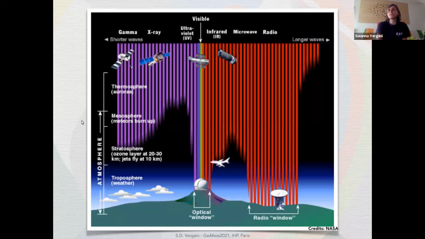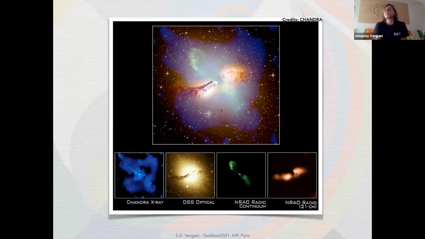So as I said, we will use the entire electromagnetic spectrum because astrophysical objects look very different depending on the frequencies at which we observe them, because of course every part of the electromagnetic spectrum is sensitive to different kinds of physical processes, and therefore depending on the frequency, I see different things.